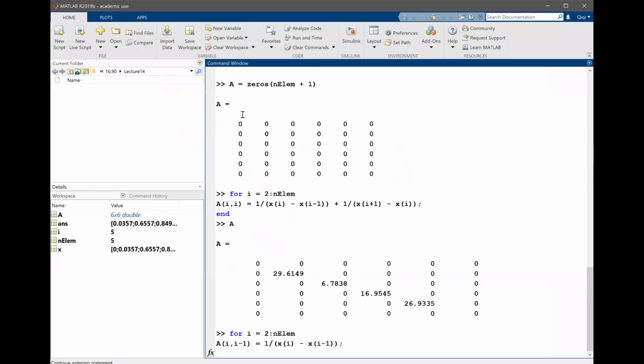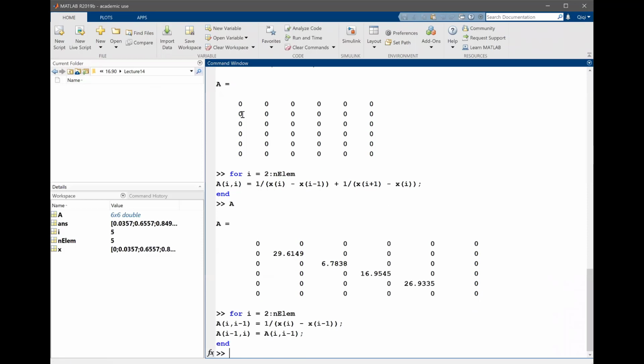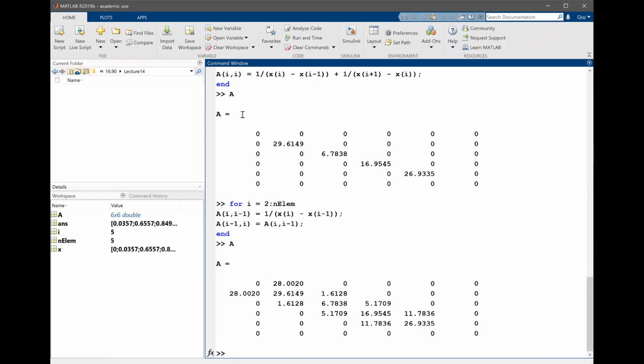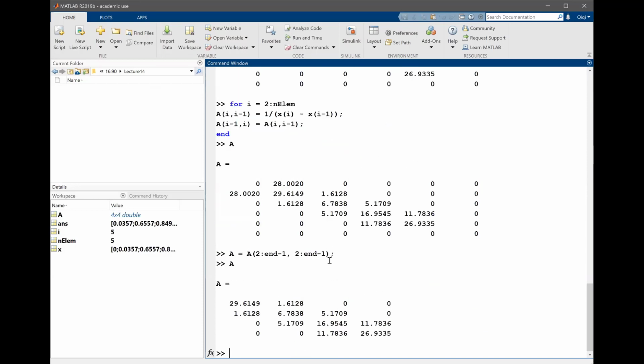That means we can set the i minus 1 and i entries to be the same value. Is it clear what we are doing here? So we have filled out also the upper and lower diagonals, and we actually only need from the second one to the second last one. So that's what our matrix needs to be.